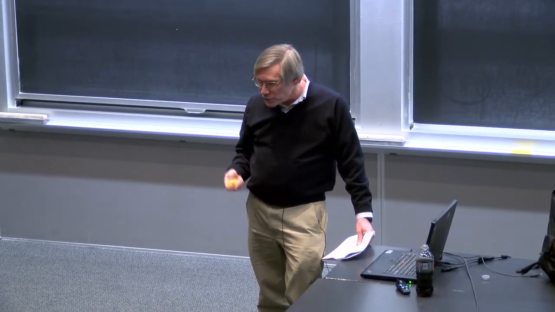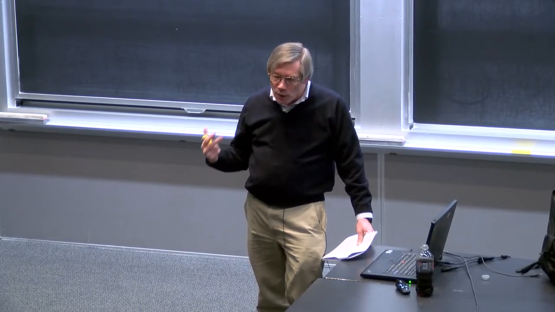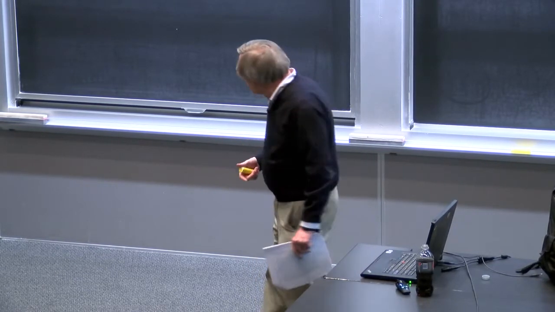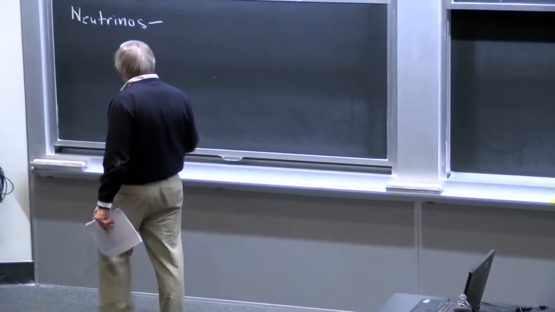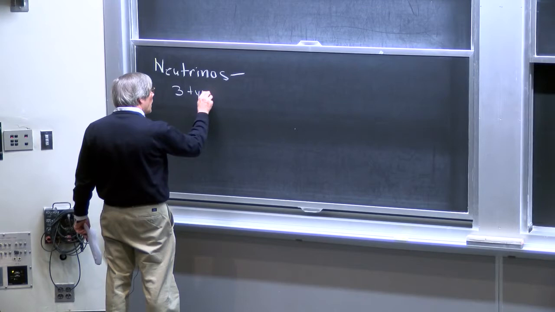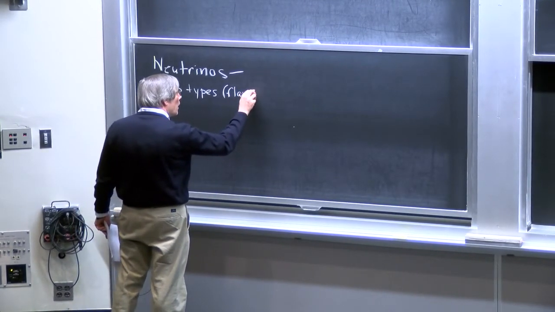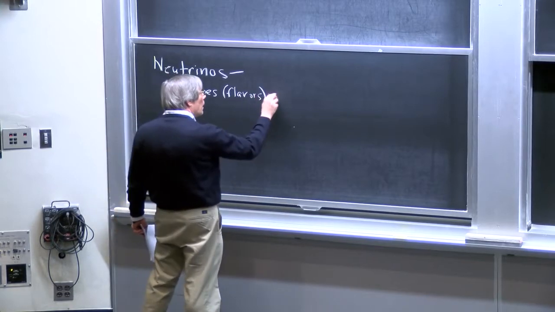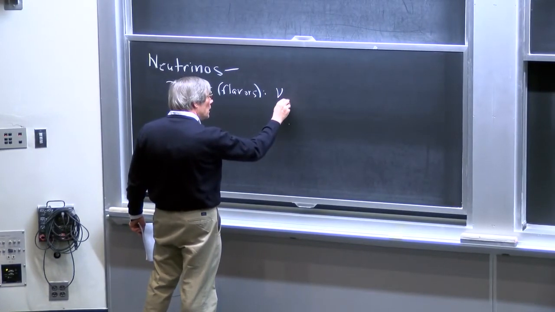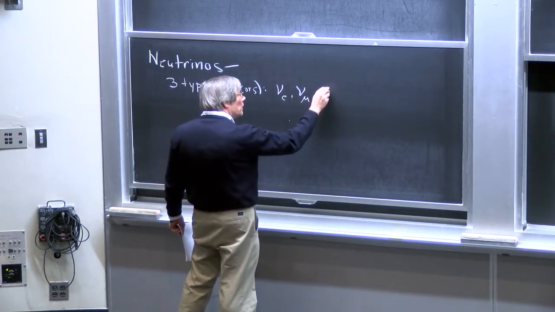But what we have measured is something that's quantum mechanical and rather peculiar, which is that one type of neutrino, and neutrinos come in 3 types or flavors, that is nu sub e, nu sub mu, and nu sub tau.